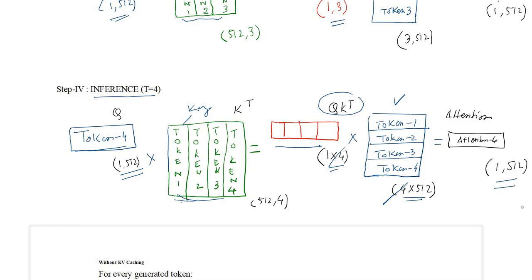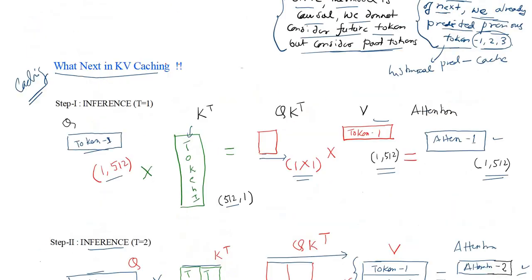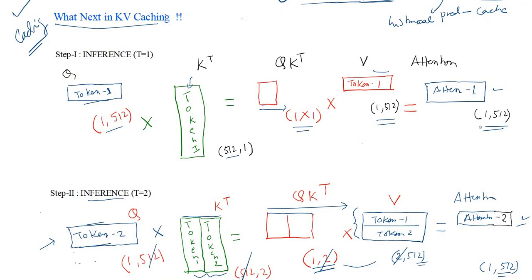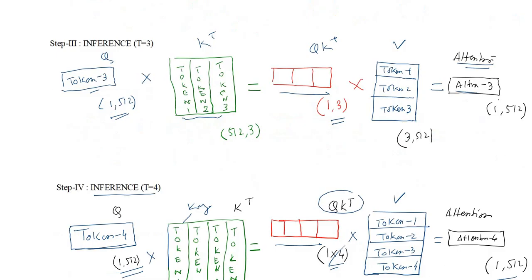So finally, what is the interpretation here? After caching, all the attention outputs are 1 cross 512, for attentions 1, 2, 3, 4, correct?